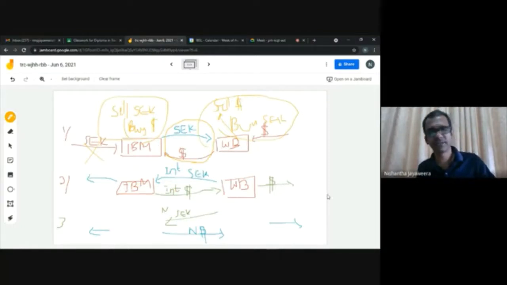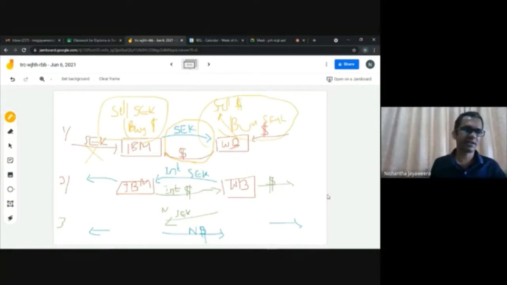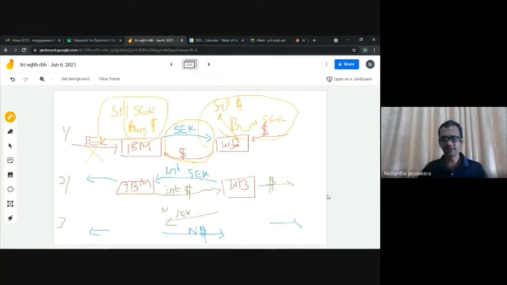No need to have the underlying transaction or the position. Still you can enter into a cross currency swap, but then depending on the cash flows, you make a profit or loss. You are exposed to the exchange rate and interest rate risk. To speculate, you can do that.